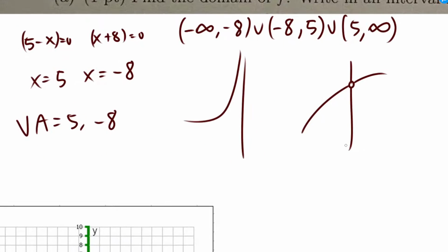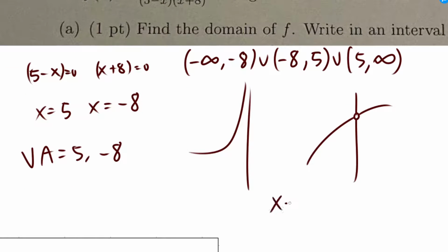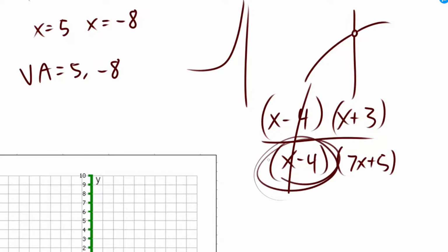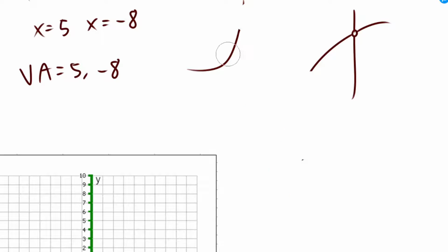The way that you know it's a hole is typically if it's something like x minus 4 times x plus 3, divided by x minus 4 and 7x plus 5, where these will cross out. But you still need this data. There's still a hole in that graph where it crosses, but that's a hole instead of a vertical asymptote. That's one thing that you want to keep track of. So in this case, our graph has no holes.